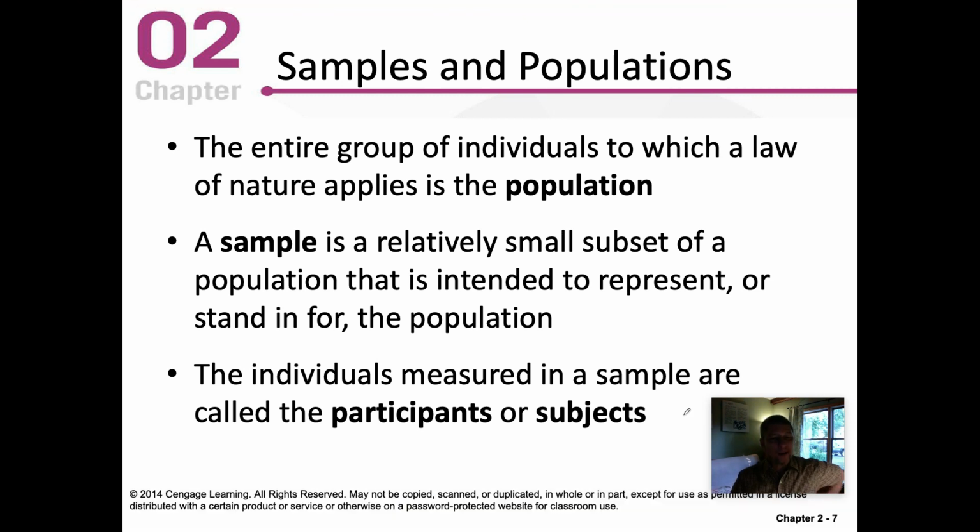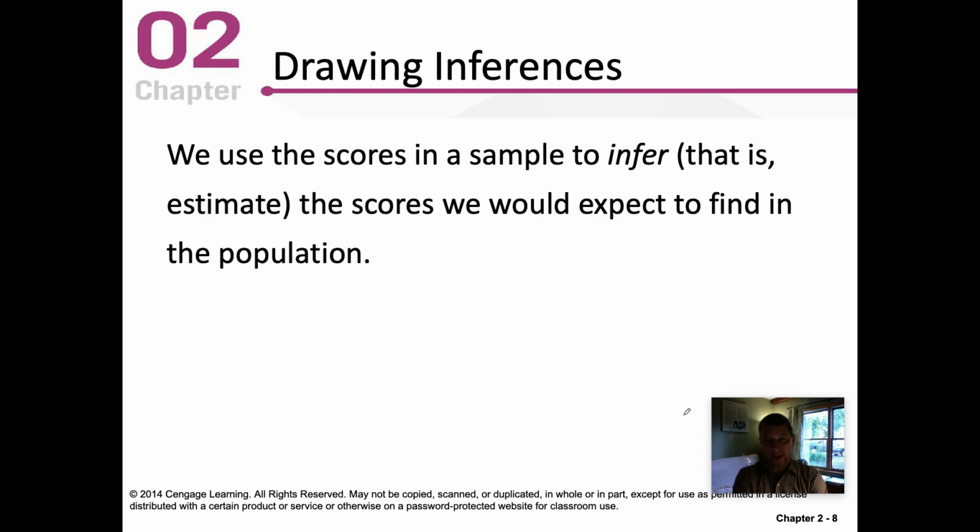And of course, each individual is going to give us a data point. Now, the scores that those data points give us in that sample can then be used to infer or estimate the scores that we would expect to find in the population.